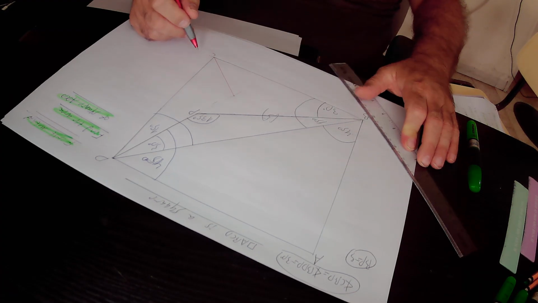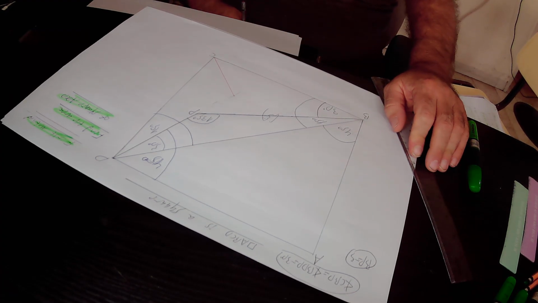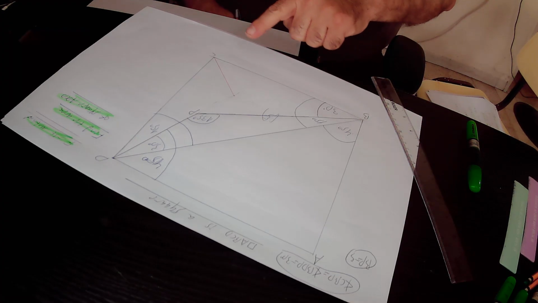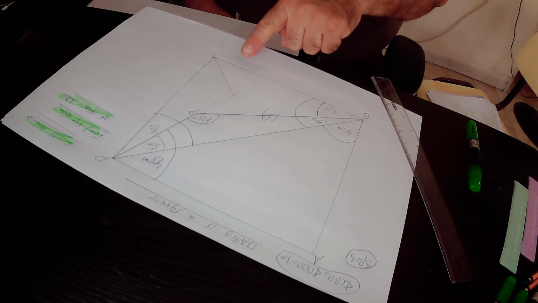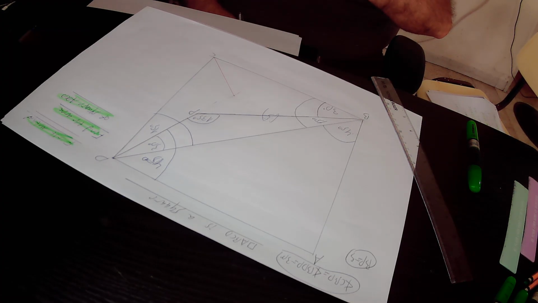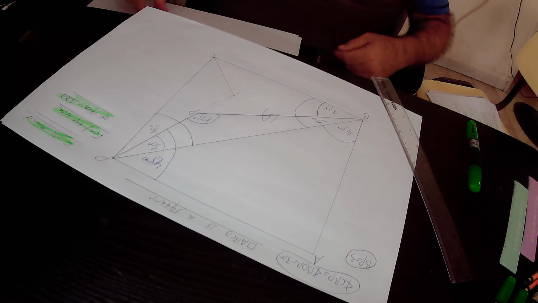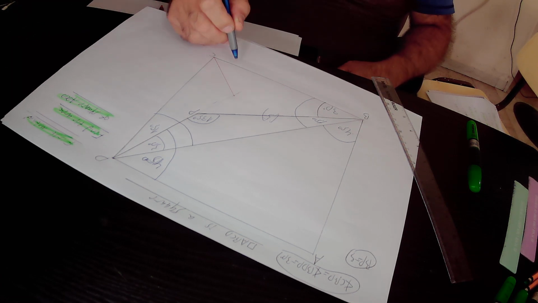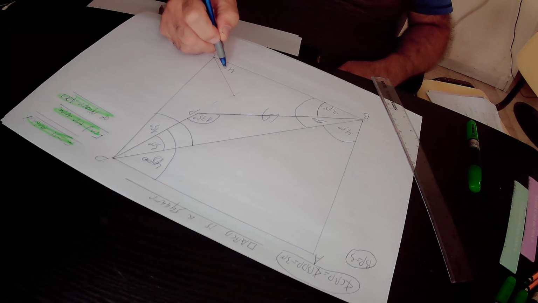Angle DCB is of course a right angle. This angle bisector bisects angle DCB, so the first half must be equal to 45 degrees, and the second half also must be equal to 45 degrees.